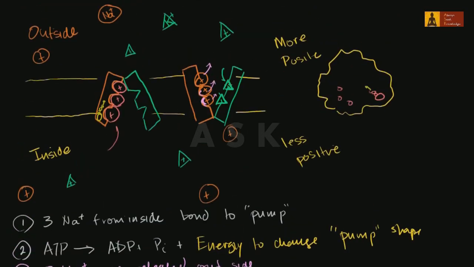So they come here, and then when they bond there, it rechanges the shape of this protein back to that open shape. Now, when it goes back to the open shape, these guys aren't here anymore, but we have these 2 guys sitting here.